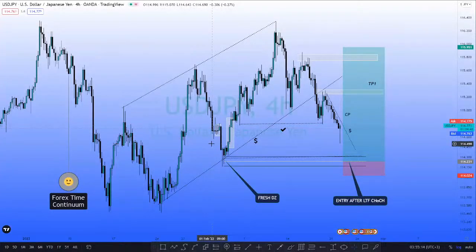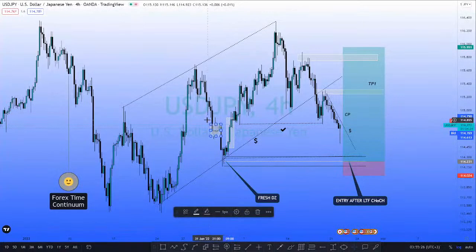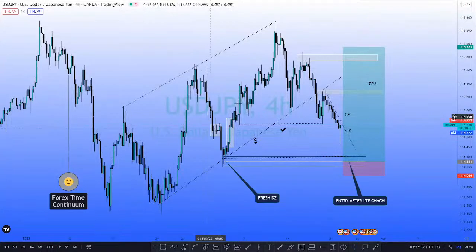Remember, we are looking for a high probability setup. You don't want to force anything because you can't move this market. So just take the high probability one and ride with the institutions.